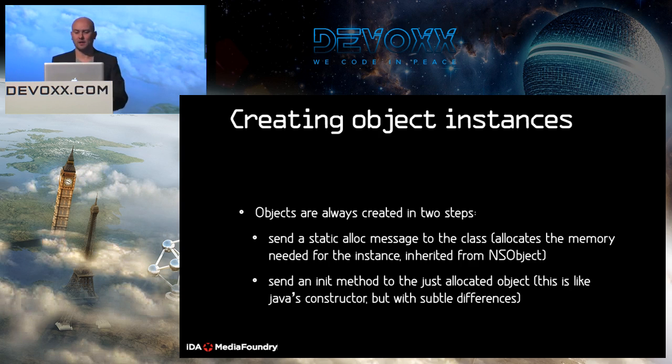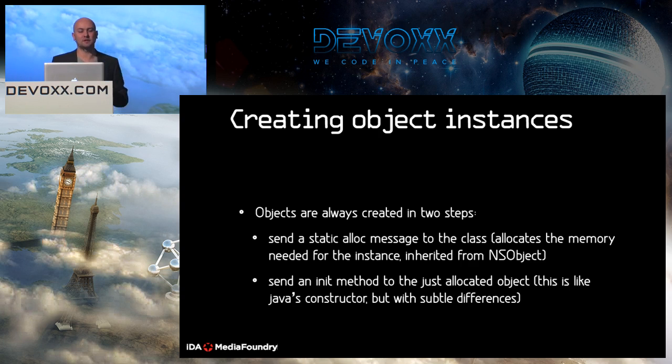There it is. Then creating the object instance. So now we created a class, but we still didn't see how we construct, like in Java with a constructor. How do we do this in Objective-C? And this is again a little bit specific. Basically, if you make an object in Objective-C, you will need two steps.